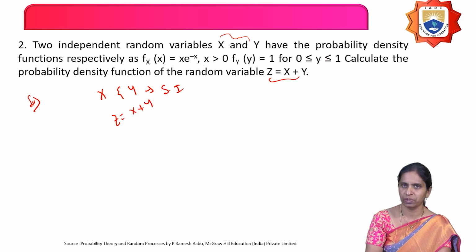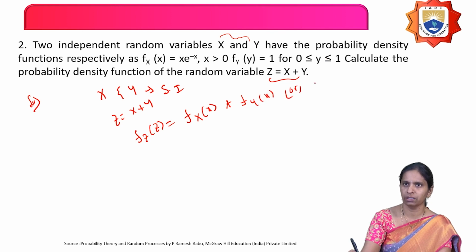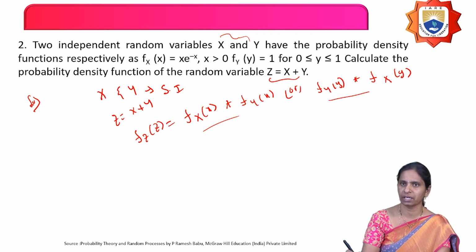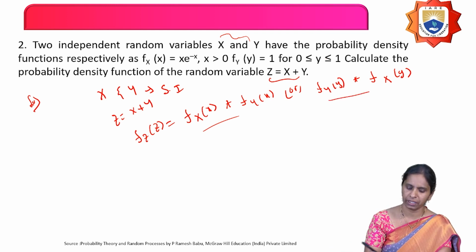The density function of the sum of two independent random variables is given by their convolution: f_X(x) convolved with f_Y(x), or else f_Y(y) convolved with f_X(y). You can use either one because convolution satisfies the commutative property.